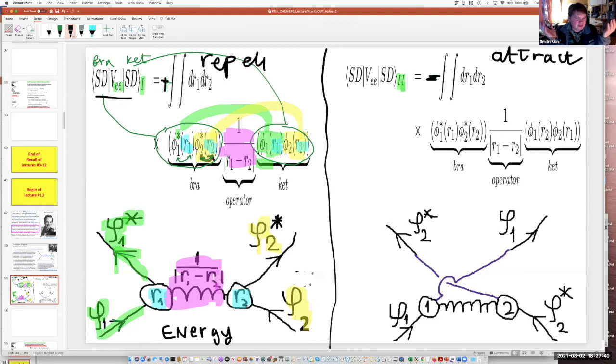In fact, both terms cooperatively describe electron-electron interaction. There are just two mathematical terms. One is analogous to repulsion, another is analogous to attraction. So let's look at how the diagram will change if we carefully translate this one. So we have phi1, phi1.